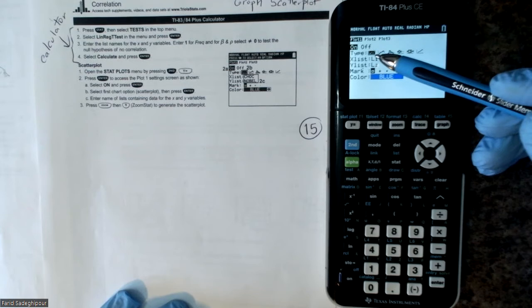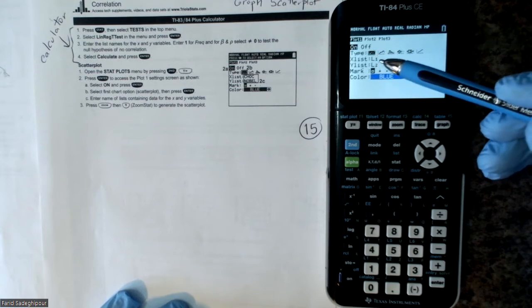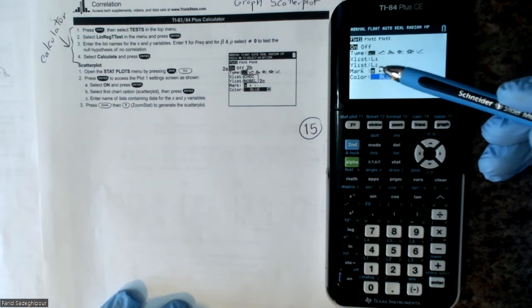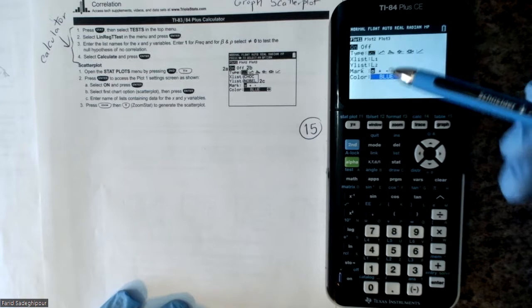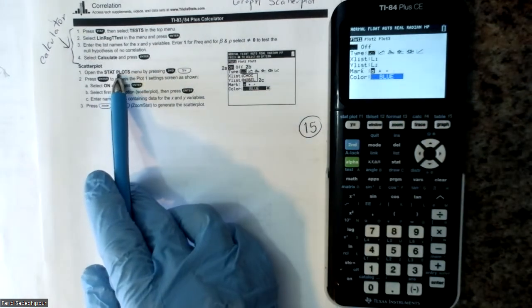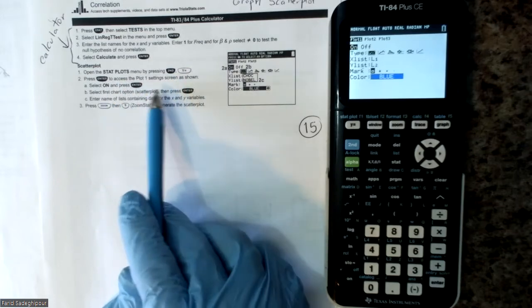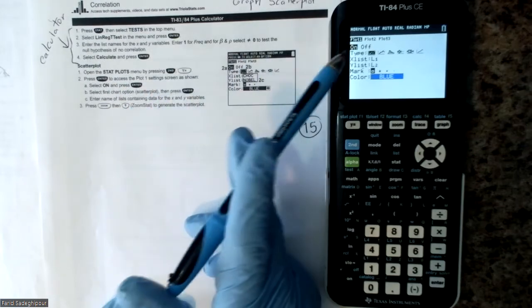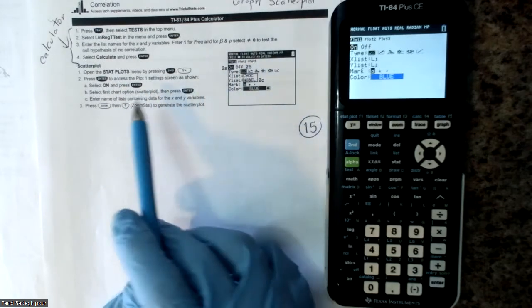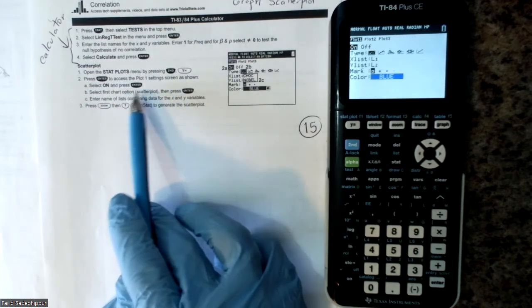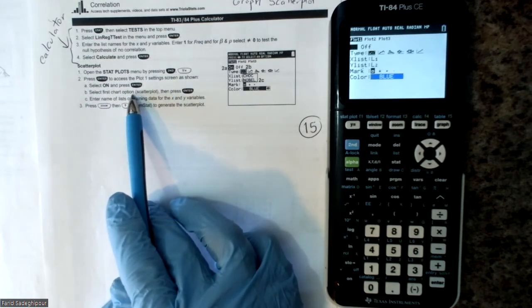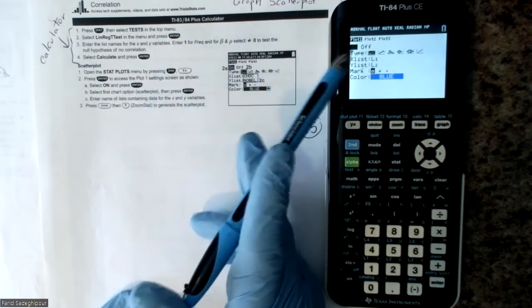The first graph is a scatter plot. And the calculator already knows that your information is in L1 and L2. So everything is fine here. So stat plot, then enter. Make sure the first one is on, and select the first chart.